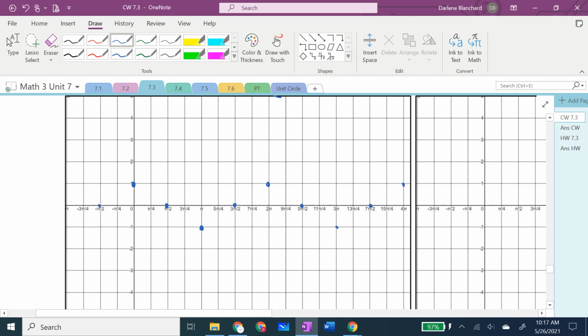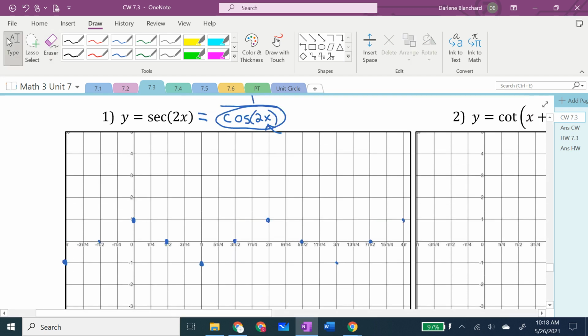Whoops, went too low there. If I were graphing the cosine of 2x, I see that x is multiplying, so I need to actually divide my x's by 2.